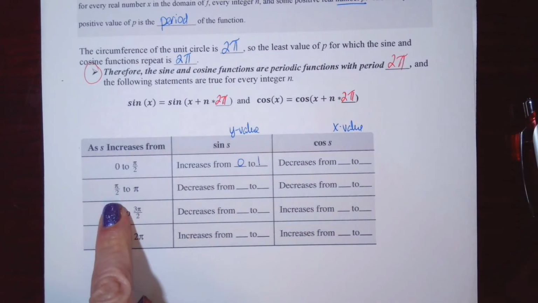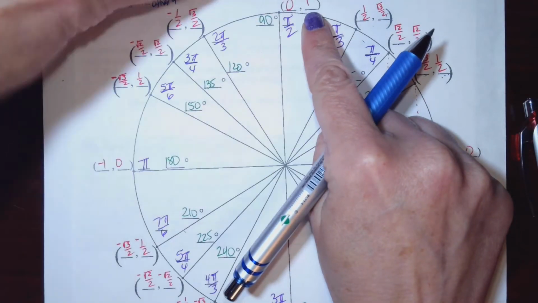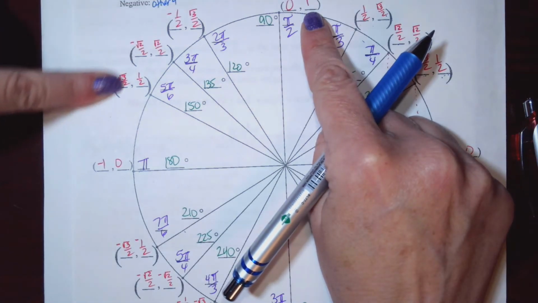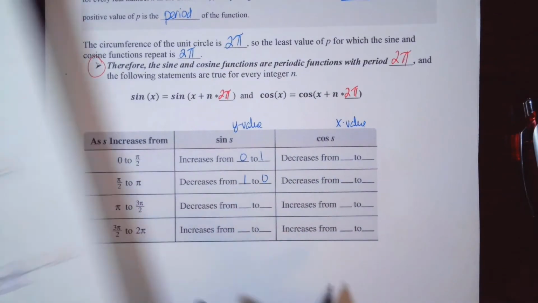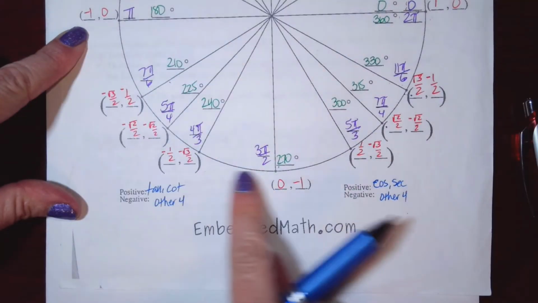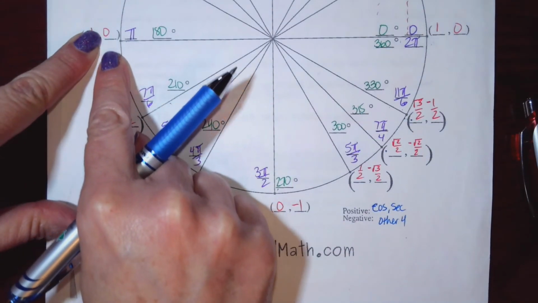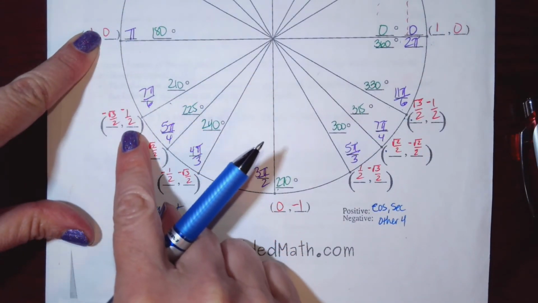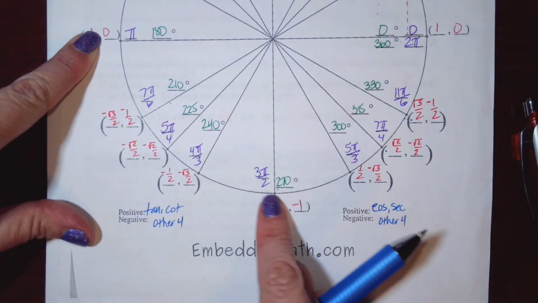And then in the second quadrant, from pi half to pi, my sine function value is at 1 and starts decreasing back down to 0. So it decreases from 1 to 0. When I move into the third quadrant, from pi to 3 pi halves, my sine function value is at 0 here at pi. It starts decreasing, so we're moving in a negative direction to a -1.